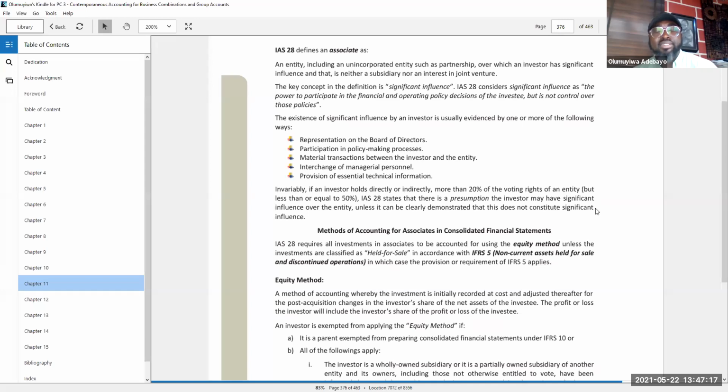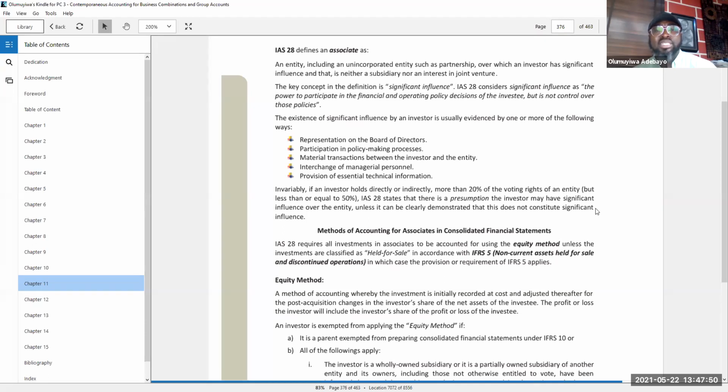If you own 10%, you own 50%, it's still possible to have significant influence over the affairs which borders on the financial and operating policies of the investee. And we are going to look at those instances. But what matters is not to rely solely on the quantitative threshold, but also focus on the qualitative threshold.